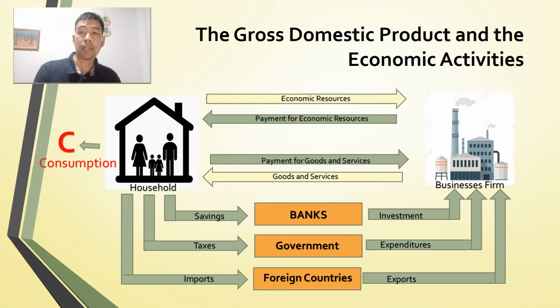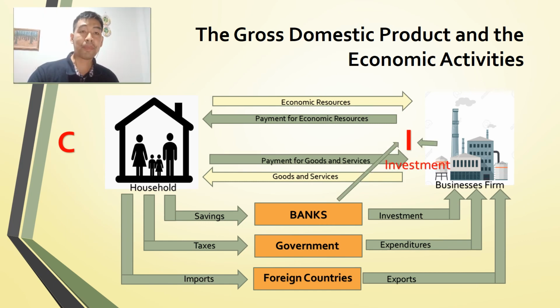Knowing that inflow and outflow must be balanced or equal, with this diagram we can determine how to get the amount of gross domestic product in our country. First, from the household, we can determine the consumption. Then from the business firm, as well as the bank, we can determine the investment.